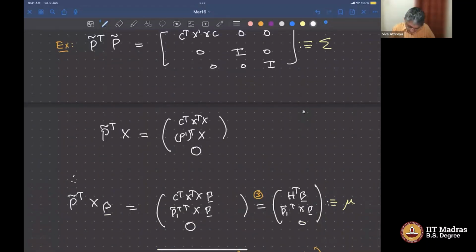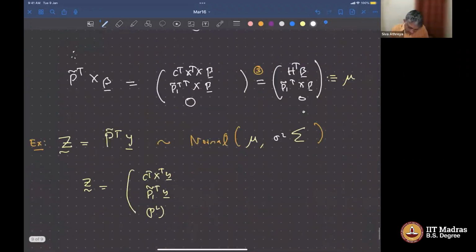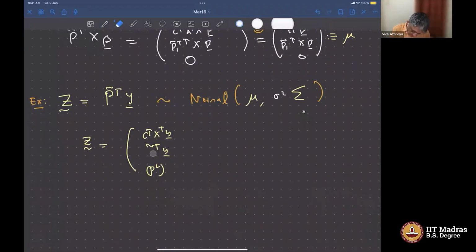Wait, this is P1 tilde as well. Goodness. So it's P2, and again P1 tilde, and this P2 transpose Y. This is what my Z looks like.